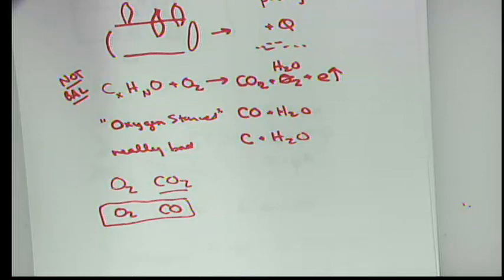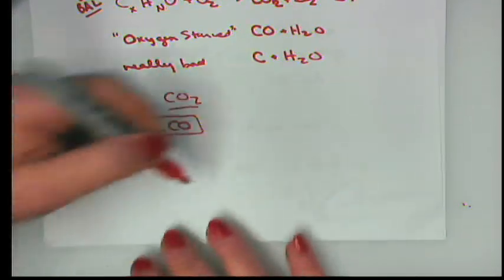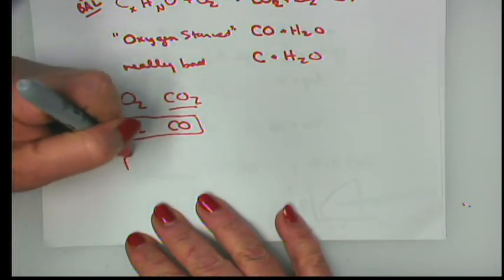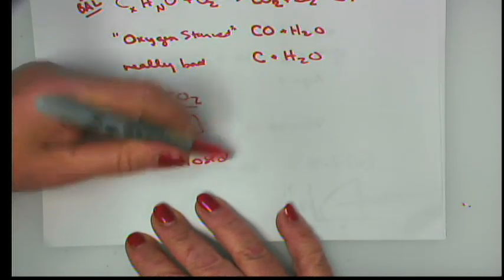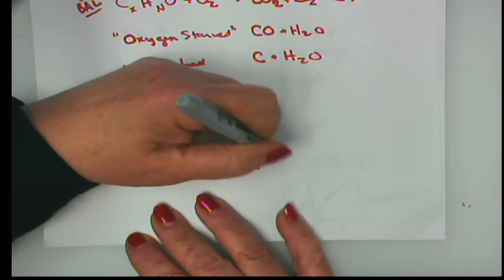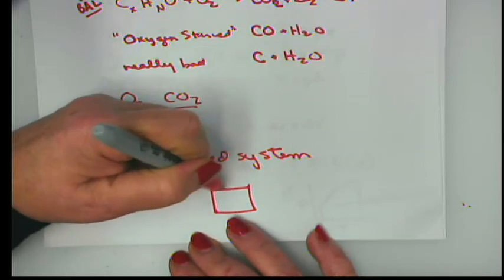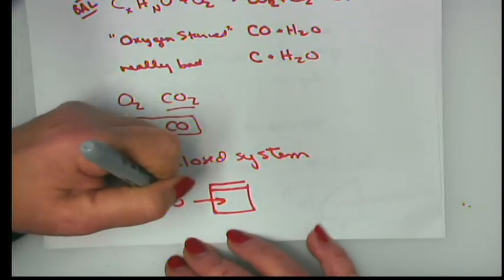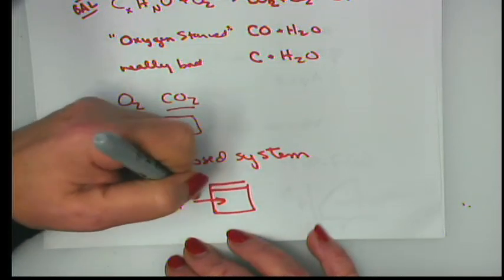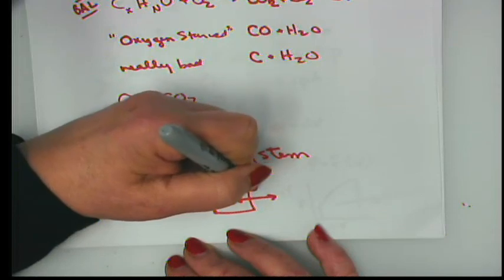All right, so to conclude our talk for today, for a closed system, meaning no mass is entering or exiting, the only way that you will have energy enter or leave is through heat and work.